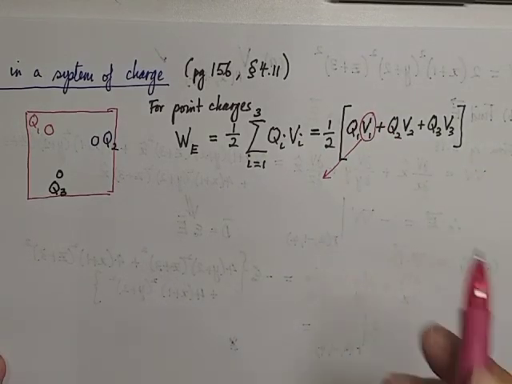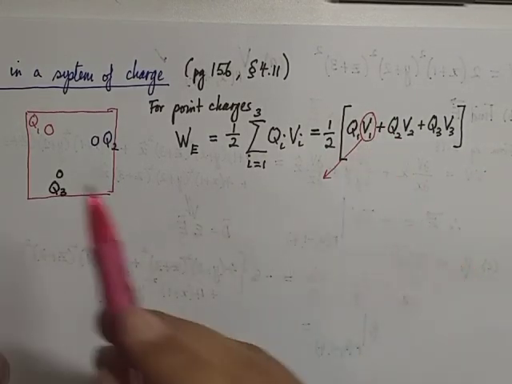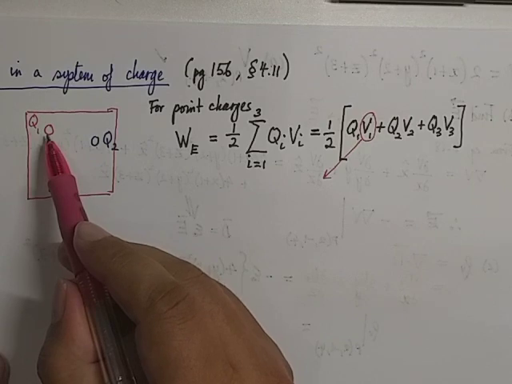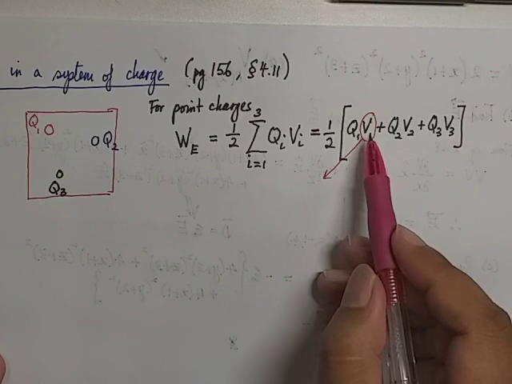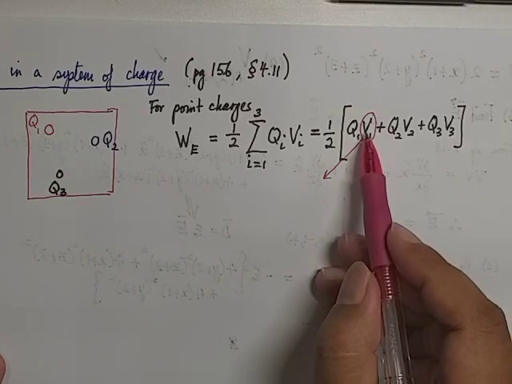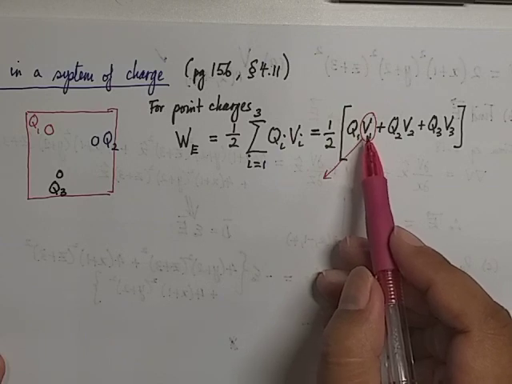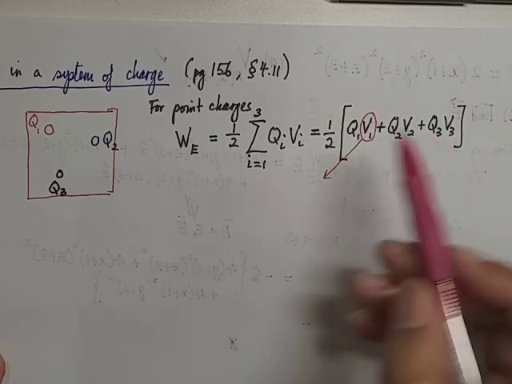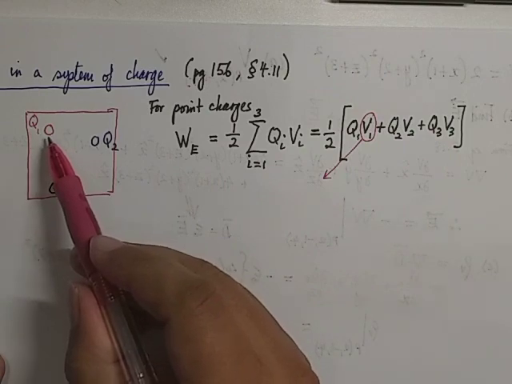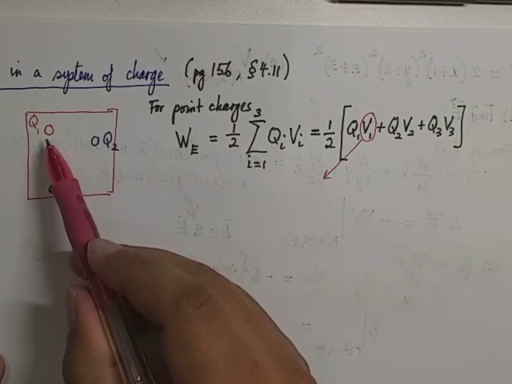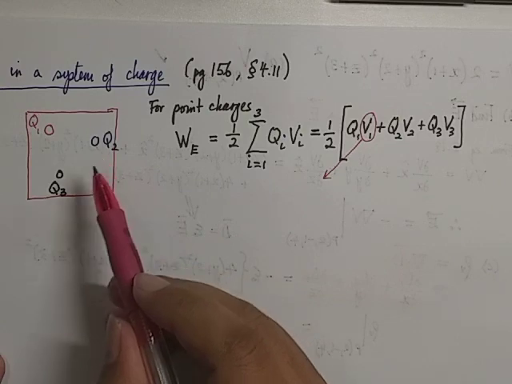As I mentioned just now, this V1 is referred to the position of Q1. So now the V1 is located here. And the V1 is known as absolute potential. From the definition that we solved, from the problem we solved regarding charge distribution last time in handout number 6, we can say V1 is the potential due to which charges? Yes, Q2 and Q3.